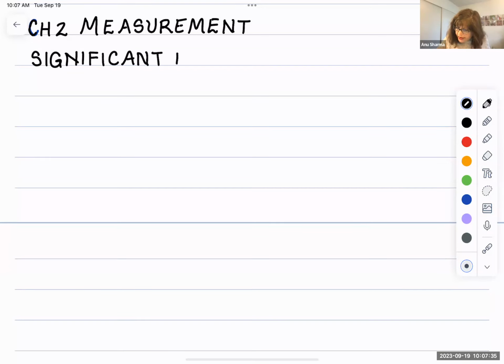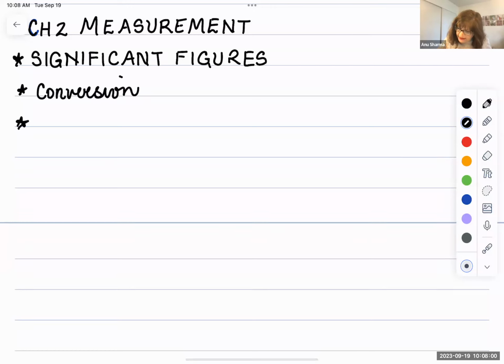Everything, the rules regarding the significant figures, calculations, right? Everything about them. Next is the conversions, all the conversions that relate to dimensional analysis. And then the last one is density. So these are very important.